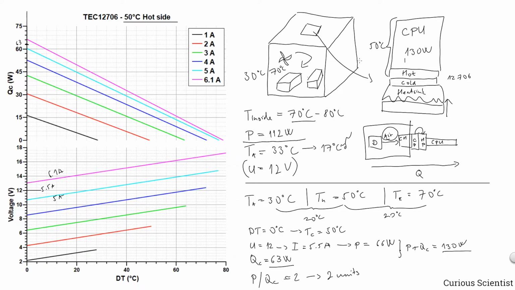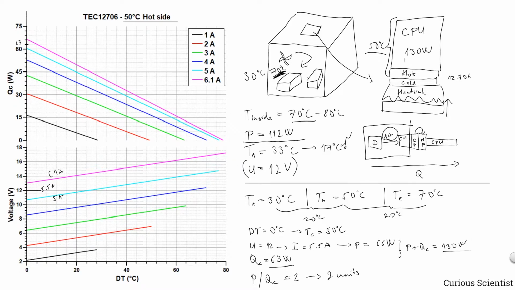But we say that we can maintain the temperature of the hot side at 50 degrees Celsius, and actually we want to reach the same temperature inside the enclosure. So we want to decrease the temperature here by 20 degrees. So we end up having 50 degrees inside. And by that, we say that in this case, the DT will be 0.